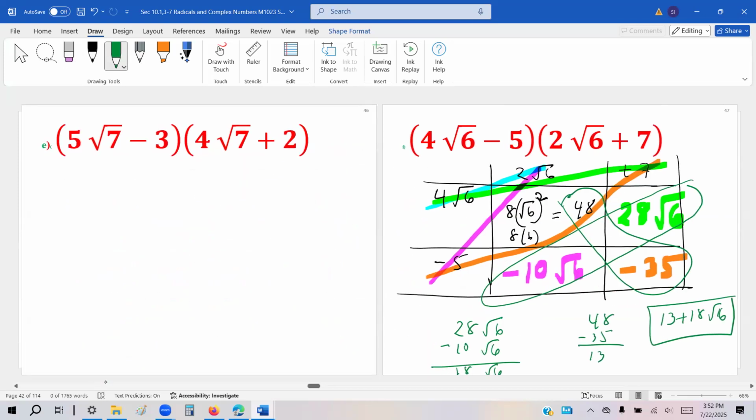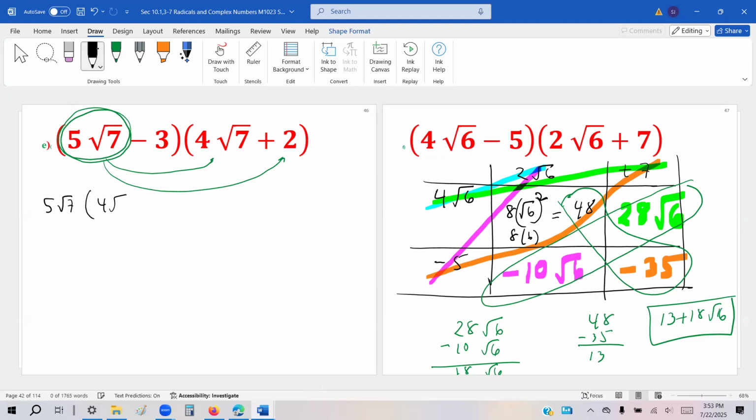Let me do this with foiling. If you don't like box, no problem, you're foiling. So you take one term, okay? And you multiply both of them here. So 5 square root of 7 times 4 square root of 7 plus 5 square root of 7 times 2.